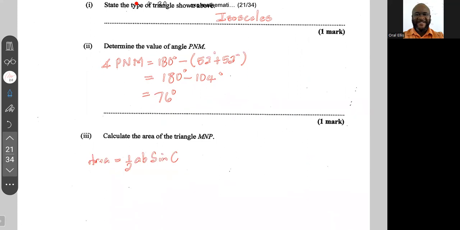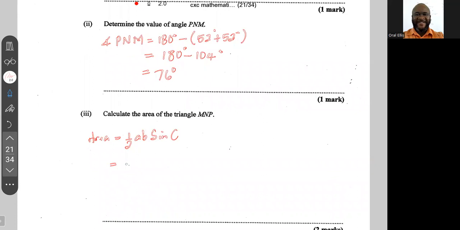So in our case, this is 0.5 times 12.5 times 12.5 times the sine of the angle between them, which is 76 degrees.